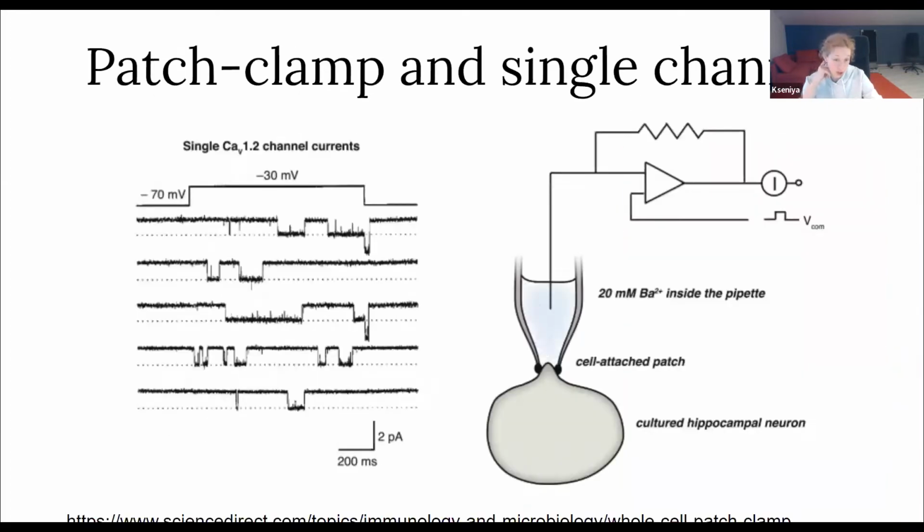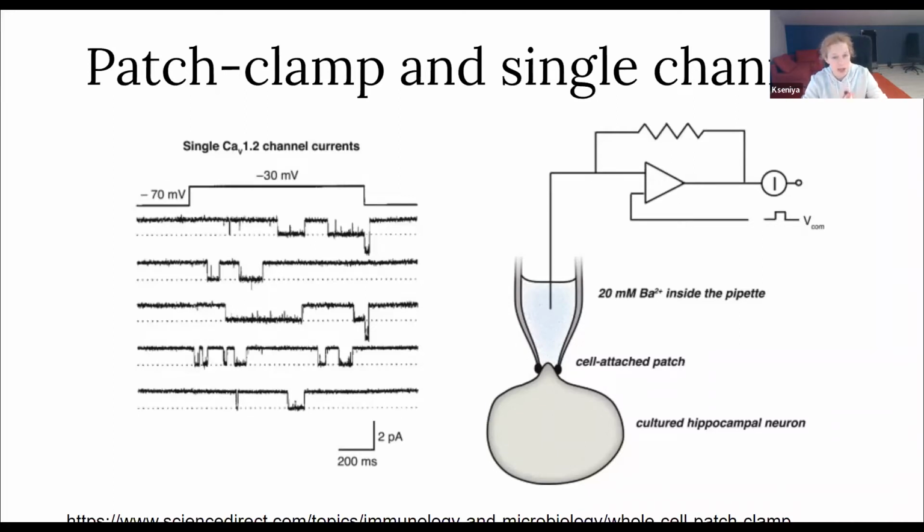The question of the presence of channels in the membrane remained unclear. Models of artificial channels were built, but for a long time it wasn't possible to find natural channels.